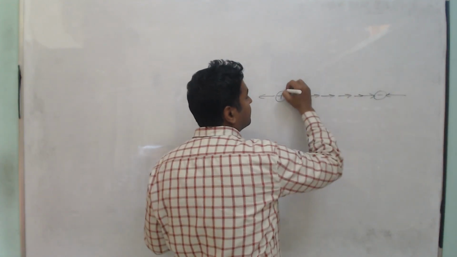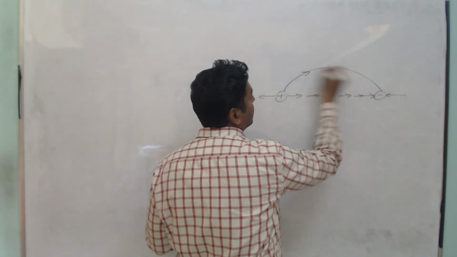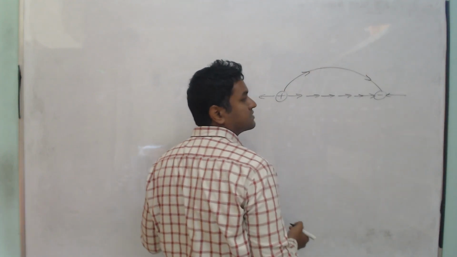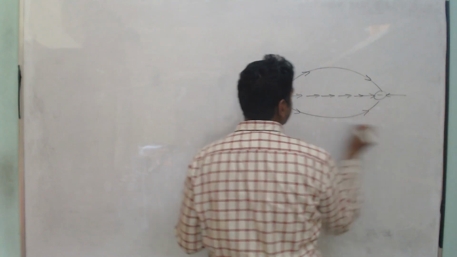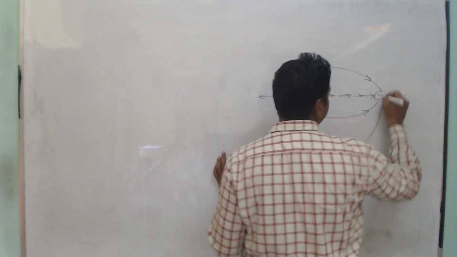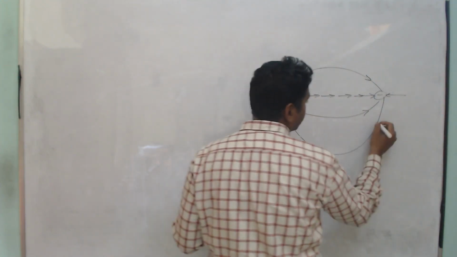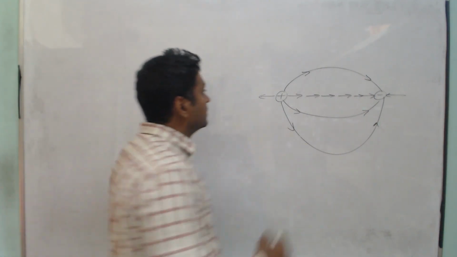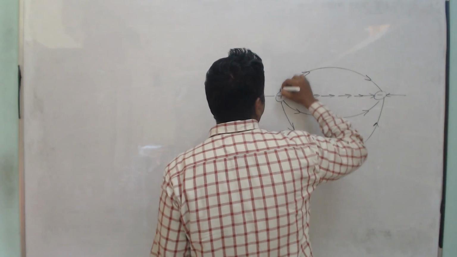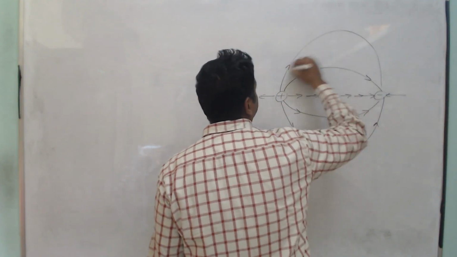Eventually, from positive to negative, we will have lines like this. Here also we will have something like this, and this goes on till whatever extent it can go. Upper direction also goes on till wherever extent it can go.